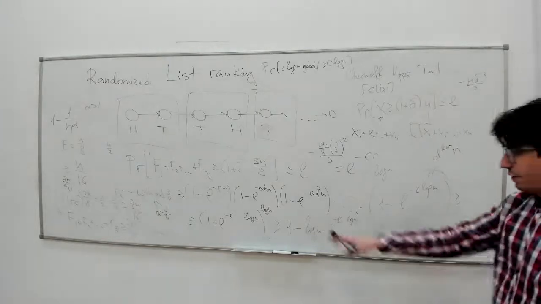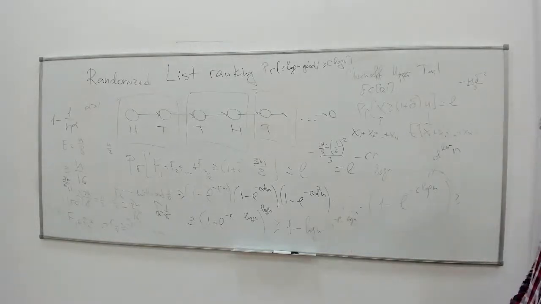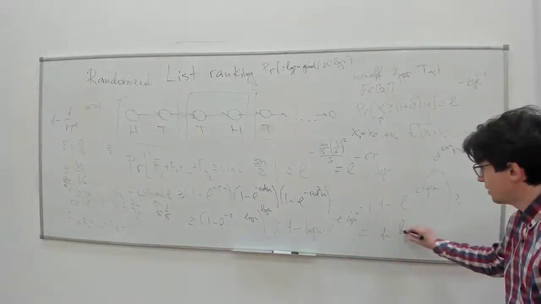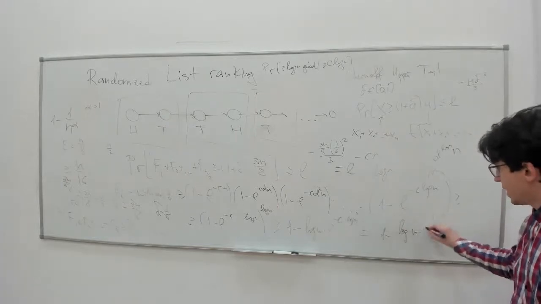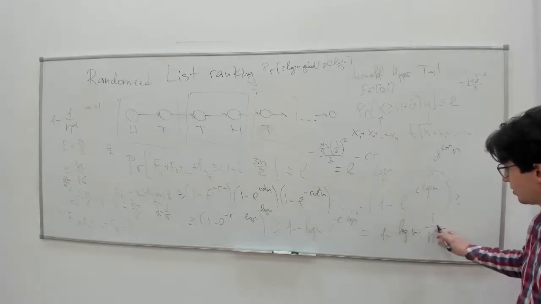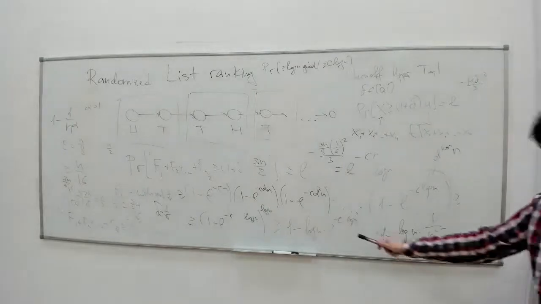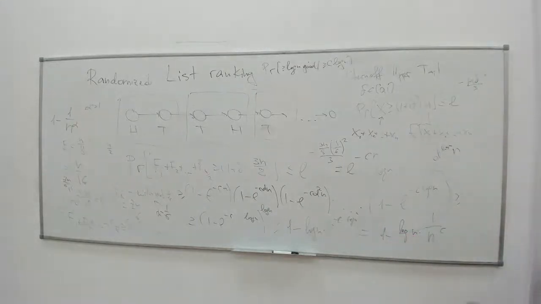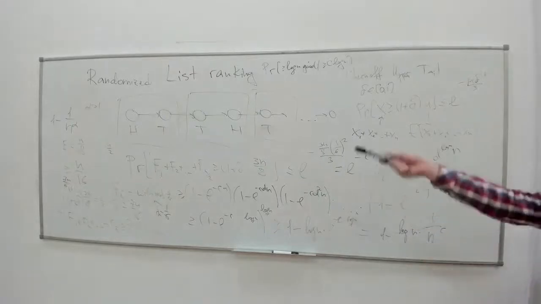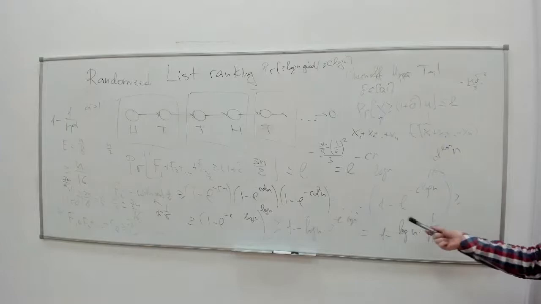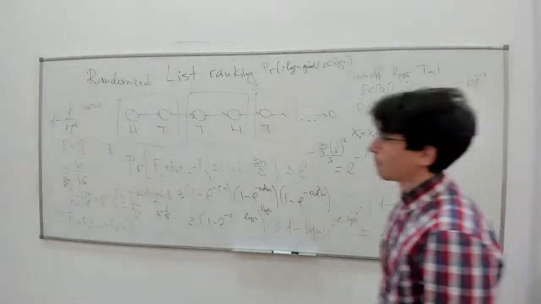So we have this, and as you can see, this will be equal to 1 minus logarithm n times 1 divided by n to the power c, and we can choose the constant here, so it will be fine.